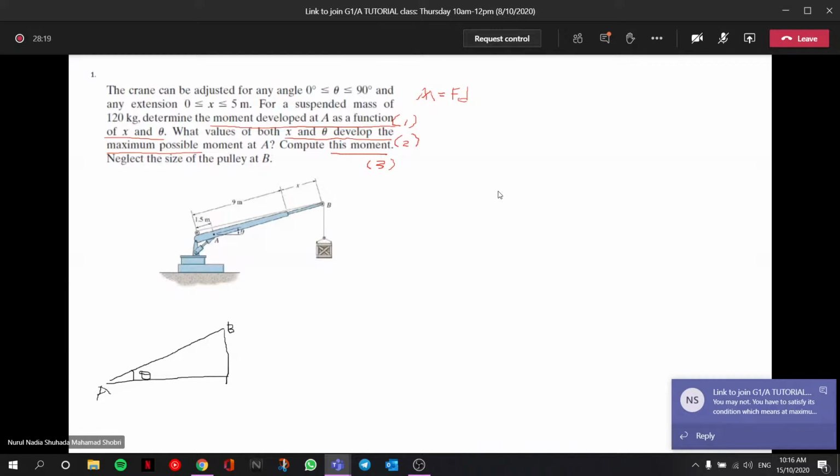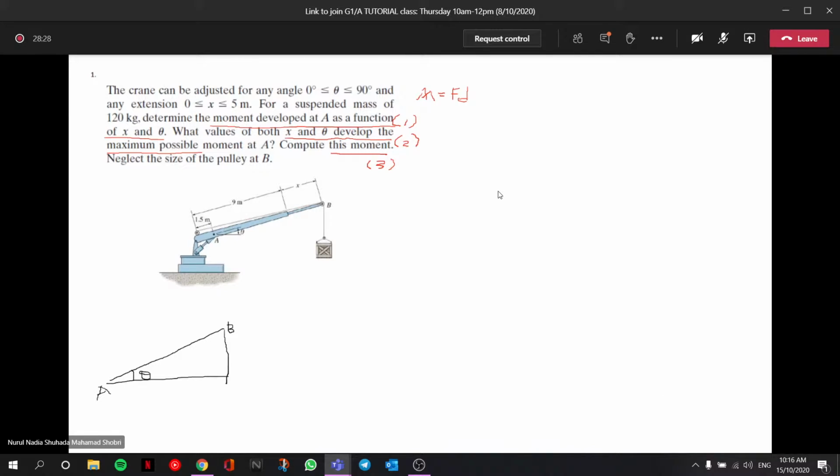Okay, so let's discuss our questions for number 1. If you redraw the diagram, it's supposed to be a triangle like this with theta value here, and the distance between A and B has to be 9 minus 1.5 plus x.